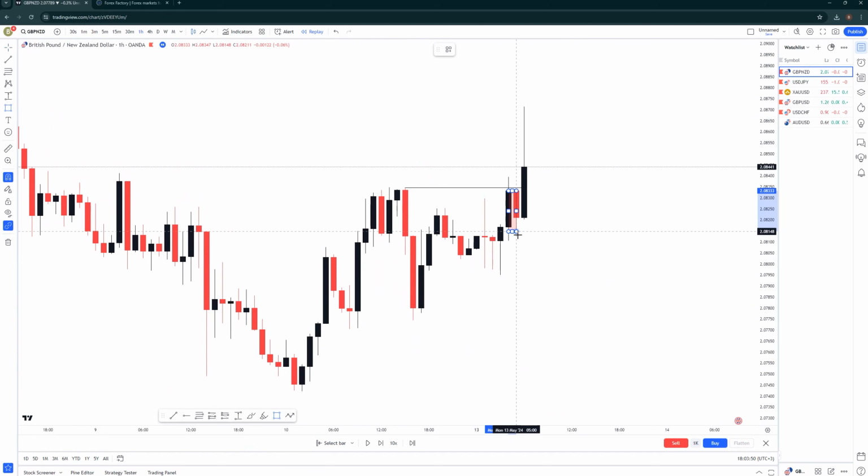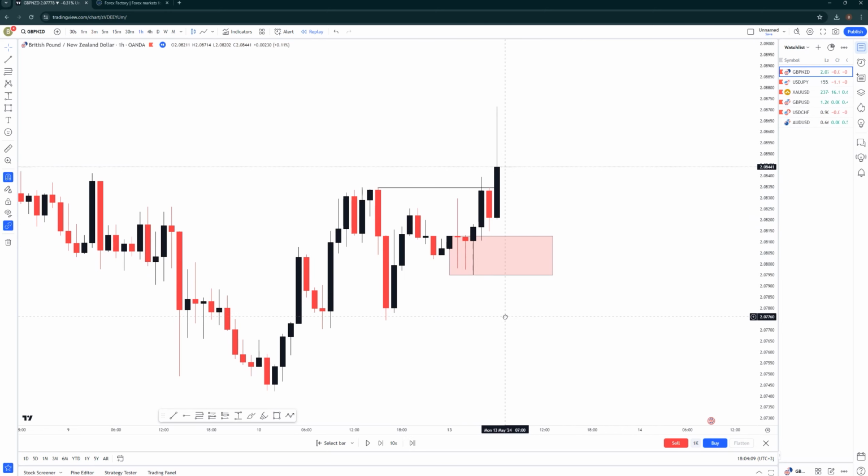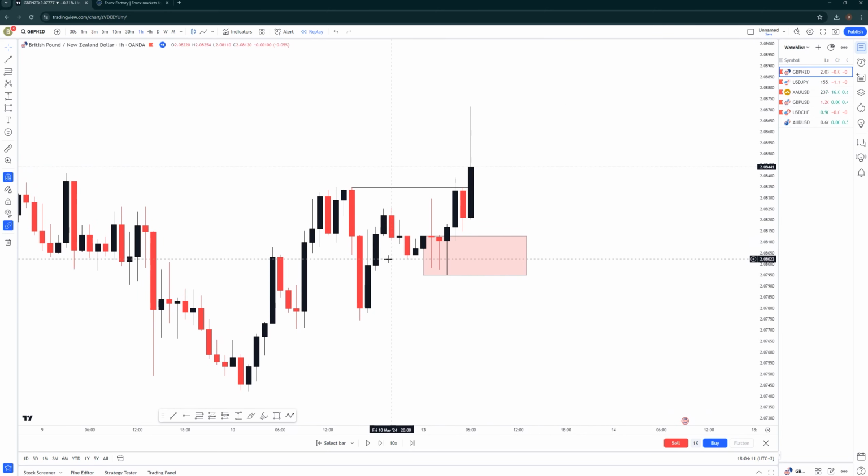This was the first inside formation, but we also have the second inside formation, which was this one. But also inside this formation, you can see we have another area of liquidity, which was this one. So we can focus on this one and leave this one. So this will be our first priority, first area to look at.